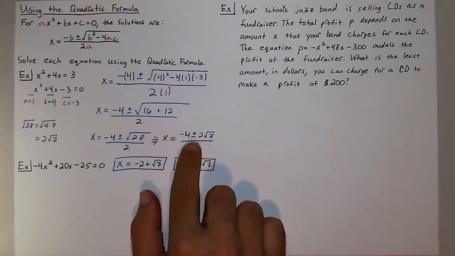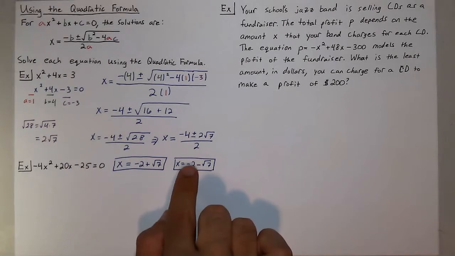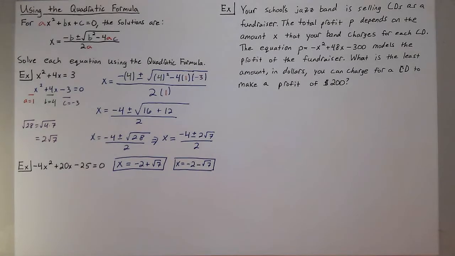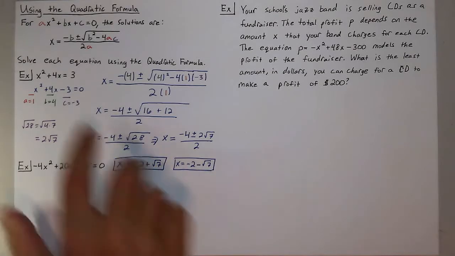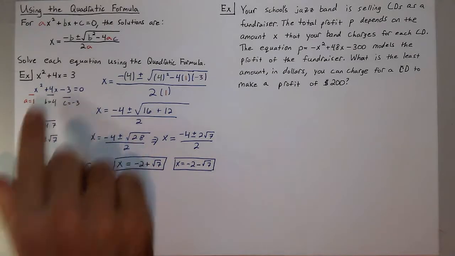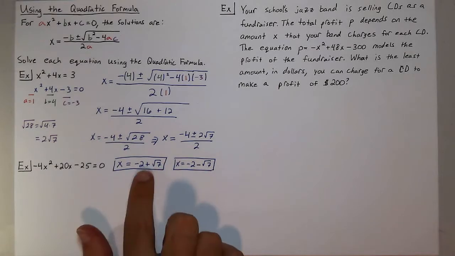Because we have plus or minus, there are 2 solutions. So there they are. And since we got a square root here, that's further proof why this couldn't be factored, because if it could have been factored, we would not have gotten square roots as parts of our answer.